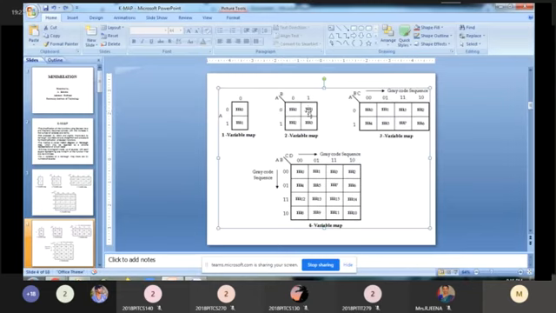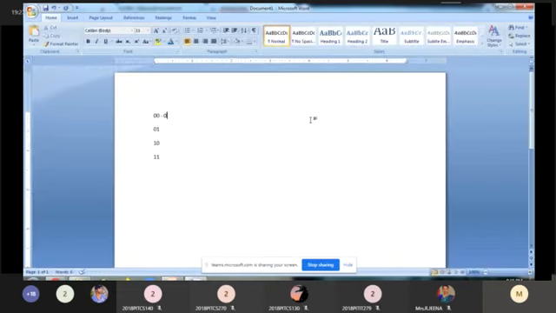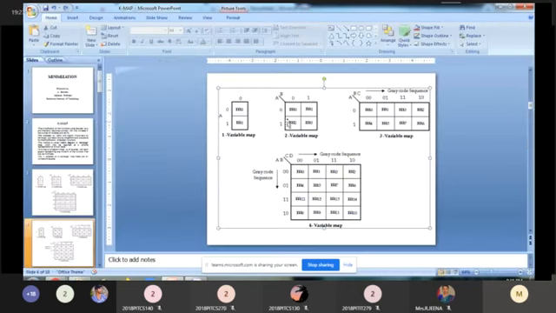If the value is 0 1, what is the decimal value for 0 1? 1. So the position is M1. Here we are using minterms, so we are using small m.